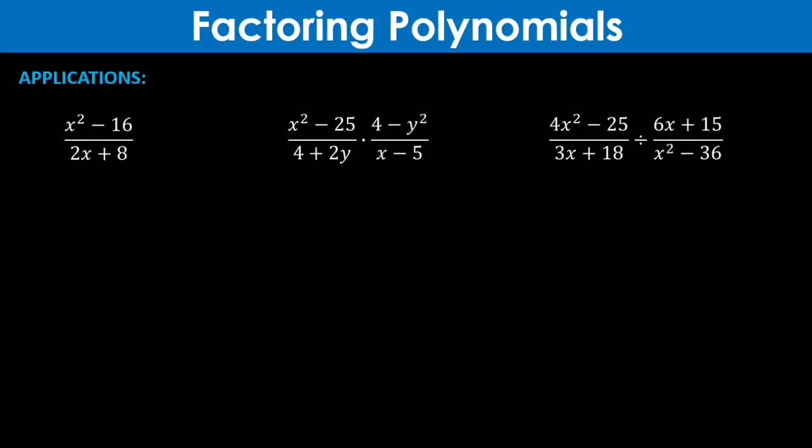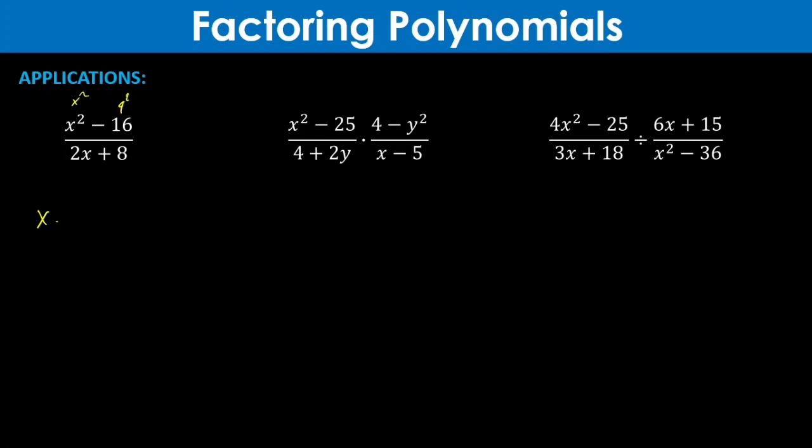The next one is applications of factoring. So here, this is a difference of 2 squares, so this can be written as x squared minus 4 squared, since 16 is 4 squared.